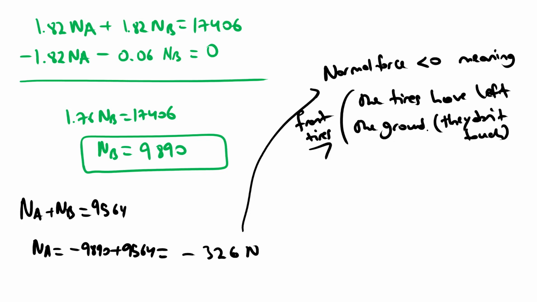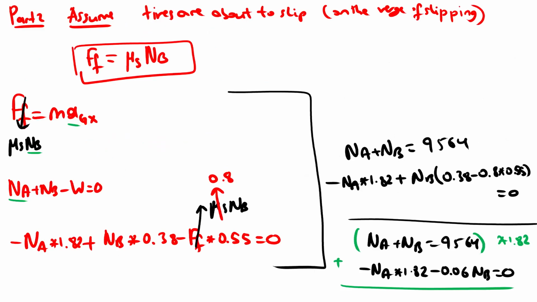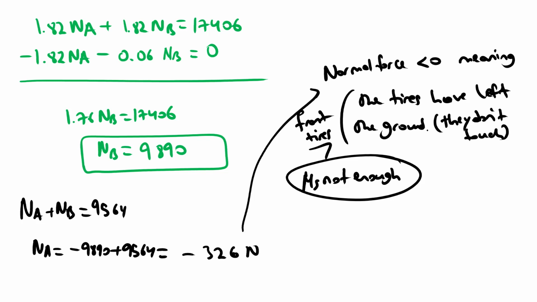That means that the mu s value is not enough. You have to play with the mu s value, and then you have to find the normal force that's enough to keep the tires in place, and normal force is greater than 0.